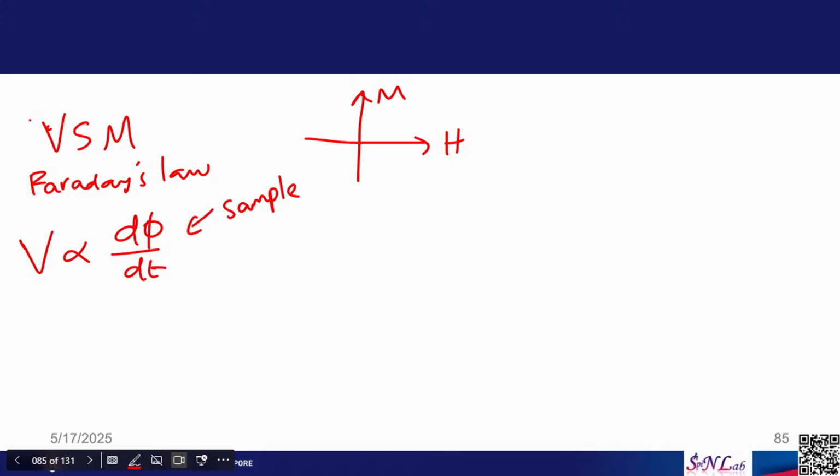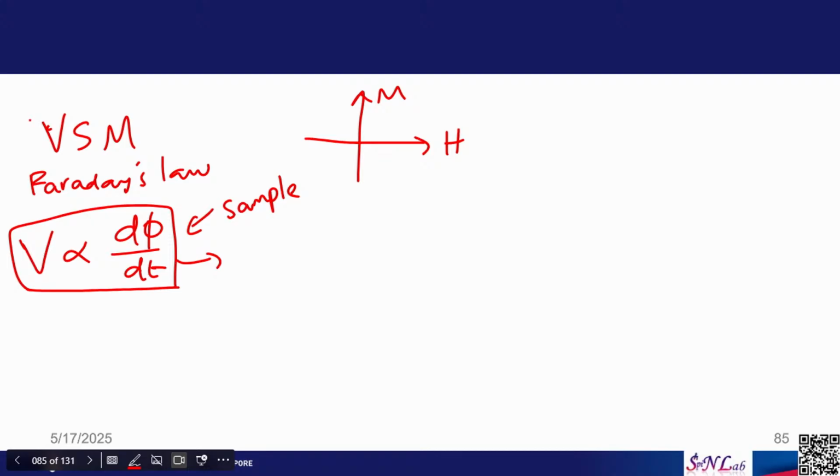Because you are vibrating your sample but the pickup coil is fixed, the flux produced by the sample will vary as a function of time with respect to the pickup coil. So, you will see a voltage. Once you know the voltage, you can convert this into magnetic moment, and by sweeping the magnetic field using an electromagnet, you can measure magnetization as a function of magnetic field.